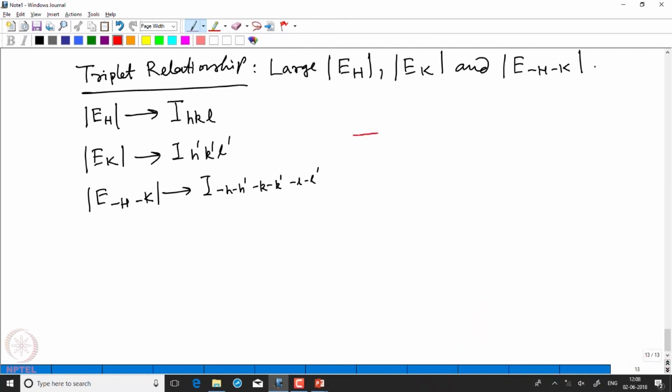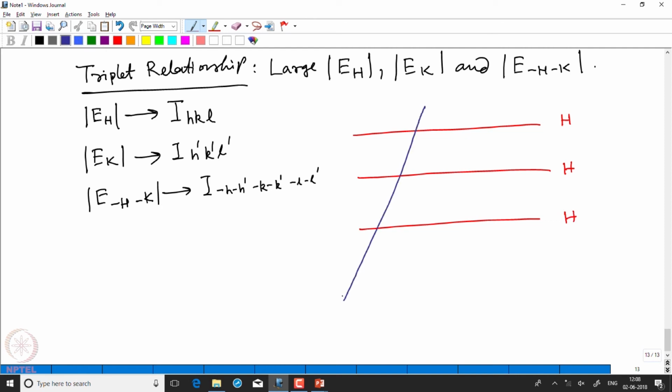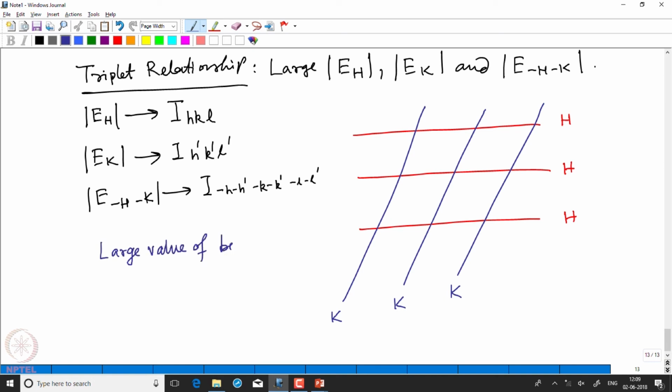If we have set of HKL planes drawn like that as EH, or the planes I mark them as simply H, and then we mark another set of planes like that and write them as Ks, and what we are trying to say is that we have large value of both mod of EH and mod of EK.